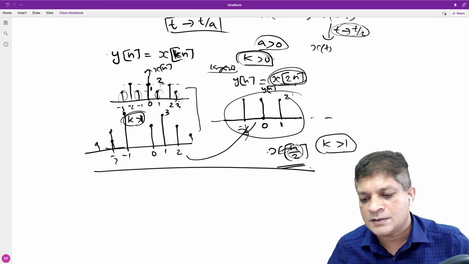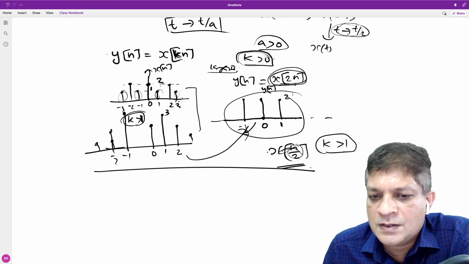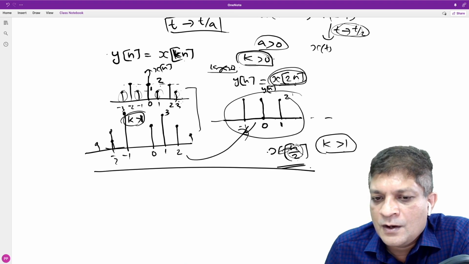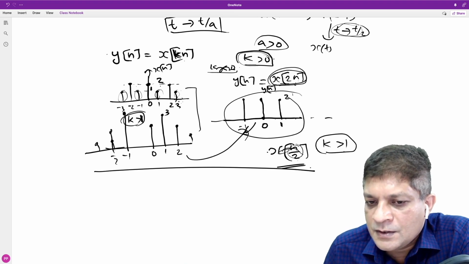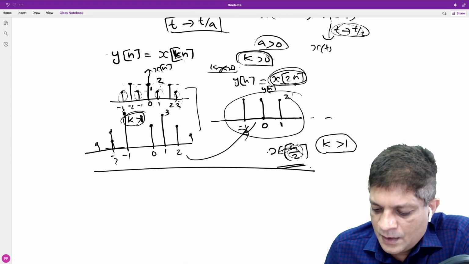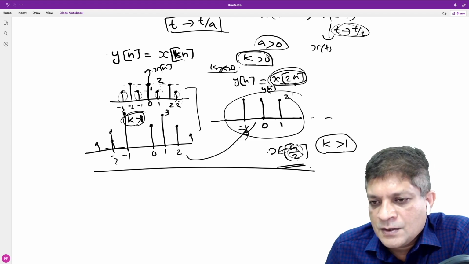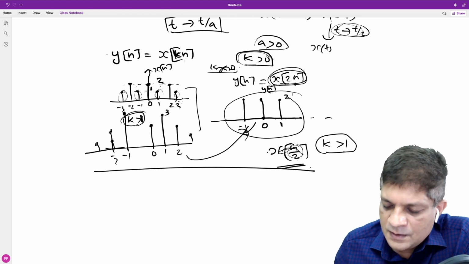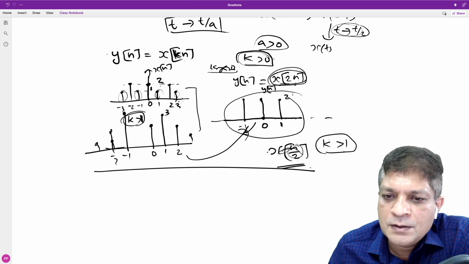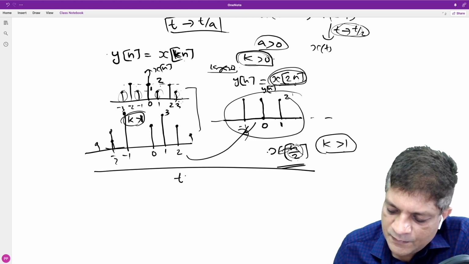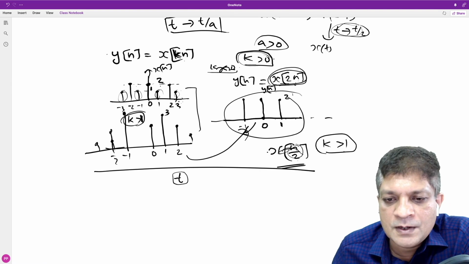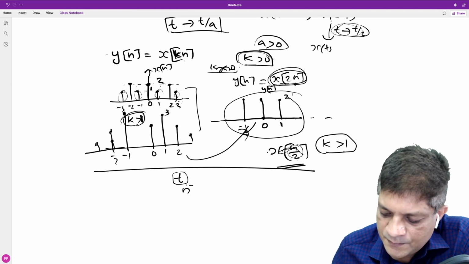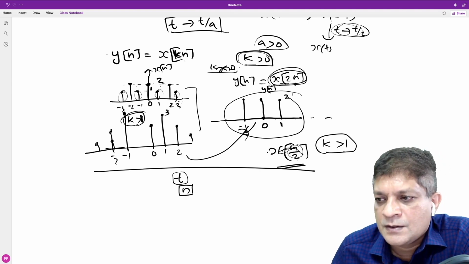These are the three basic operations on the signals. If you look at all these operations, you can see that they are transformations of the independent variable. In the case of continuous time signal, we are transforming the independent variable t, and in the case of discrete time signal, it is the independent variable n.